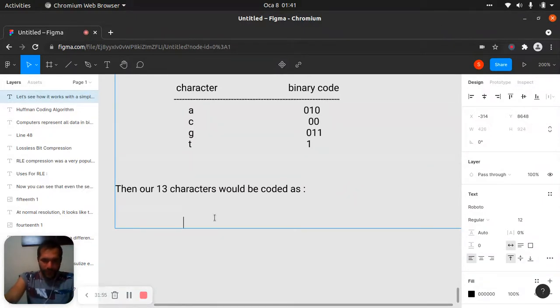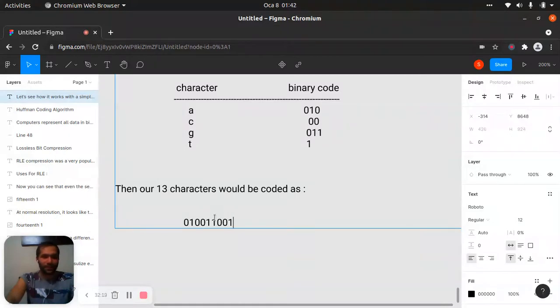Now it will be like this: we have first A, it will be 010, and then we have G, this 011, and we have C, 00. And then we have thymine 4 times, it's 1 for thymine.